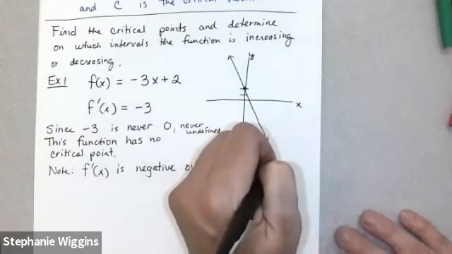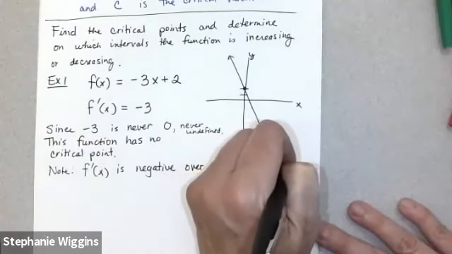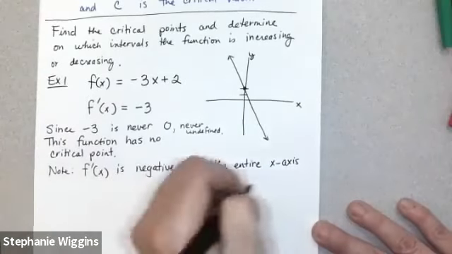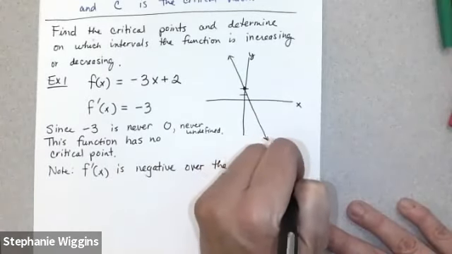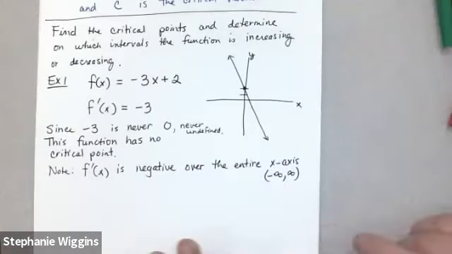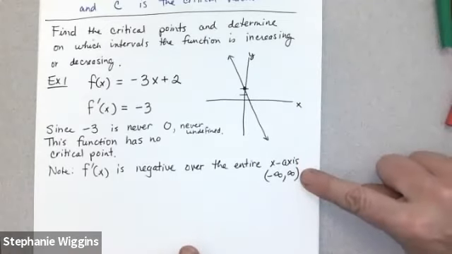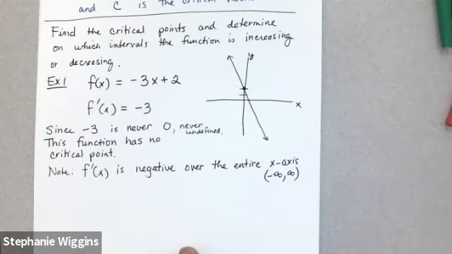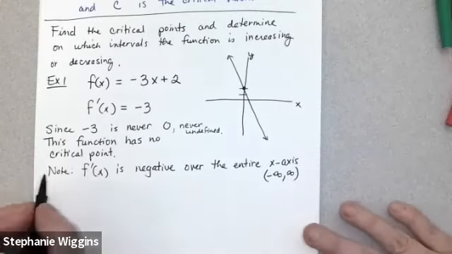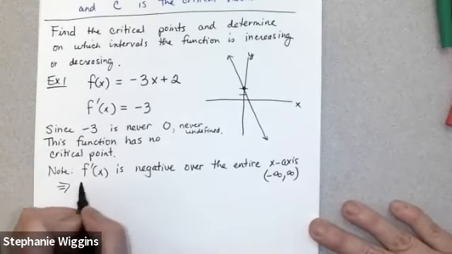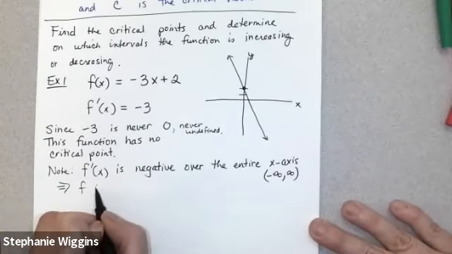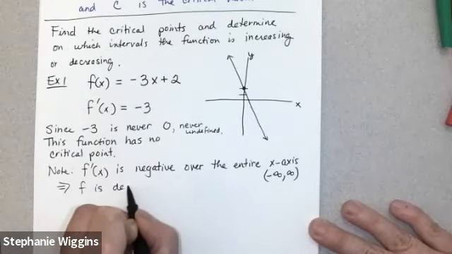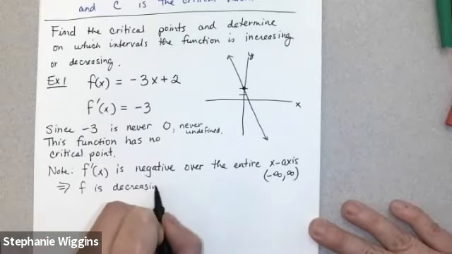And the x-axis is an interval also. It's from minus infinity to infinity, right? In interval notation, that's the x-axis, minus infinity to infinity. So it's always negative, therefore the function is increasing, or decreasing, I'm sorry. f is decreasing. And you can see that with your own eyes.